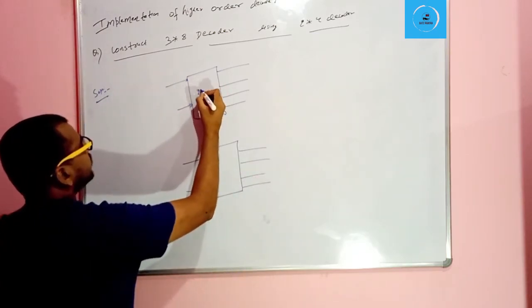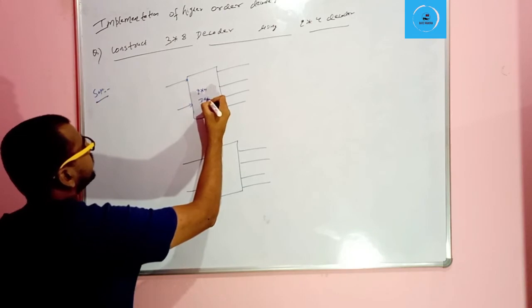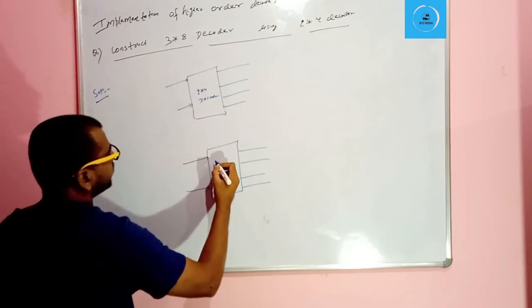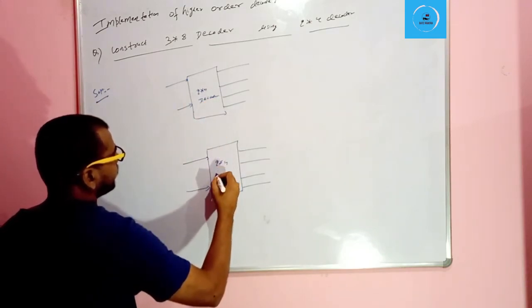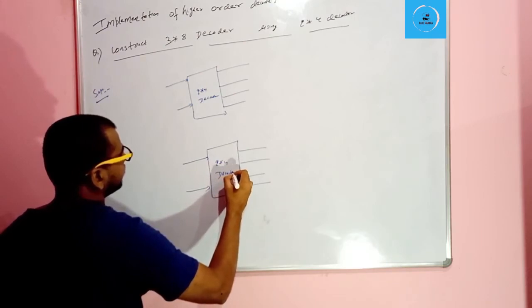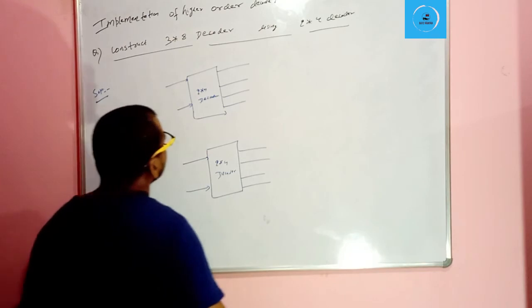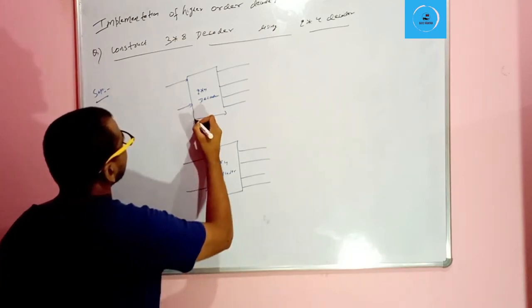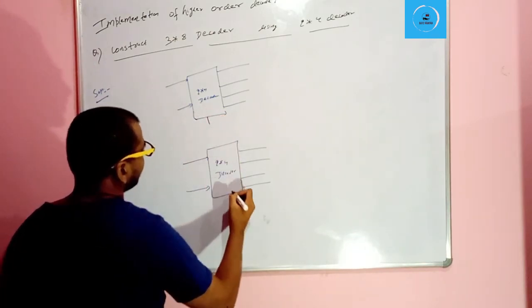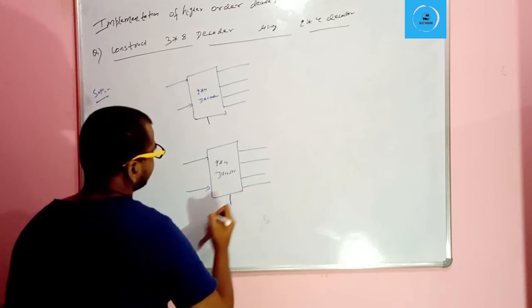This is a 2 to 4 decoder. This is also a 2 to 4 decoder, right? And here will be the enable, and here will be the enable.